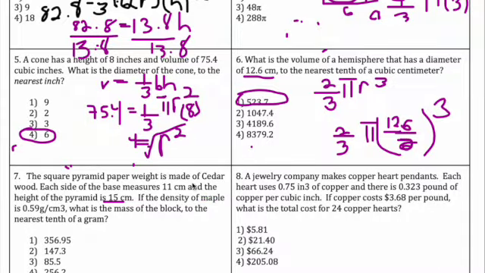So this should be cedar. Okay. If the density of cedar is 0.59 grams per cubic centimeter, what is the mass of the block to the nearest tenth of a gram?